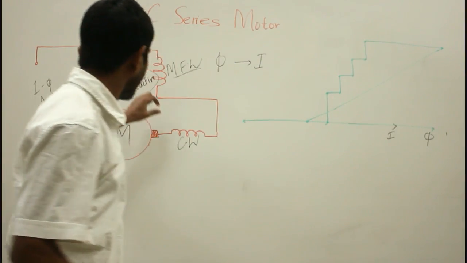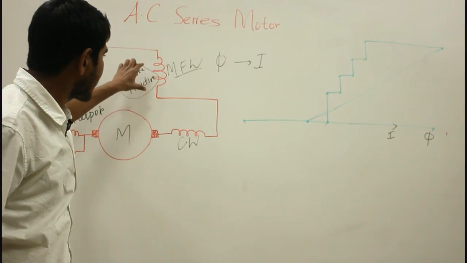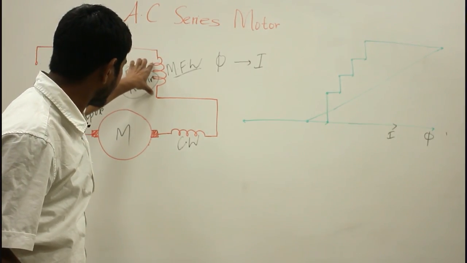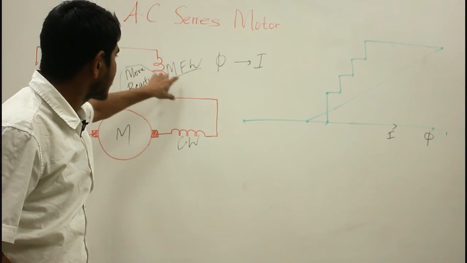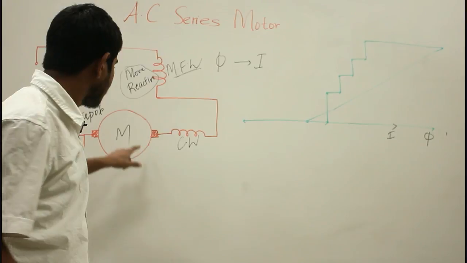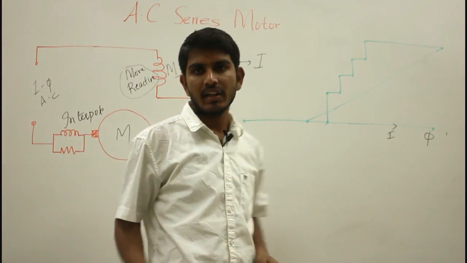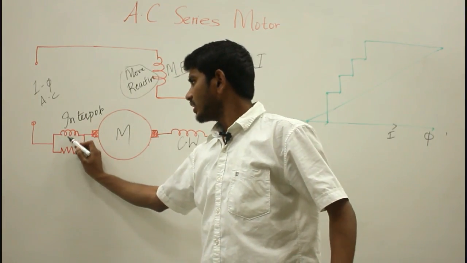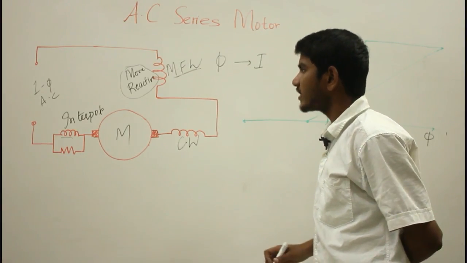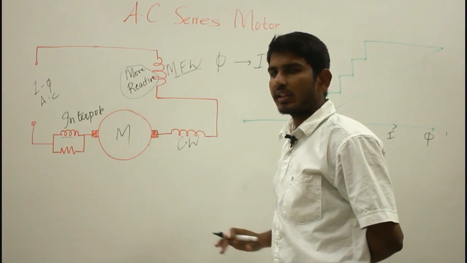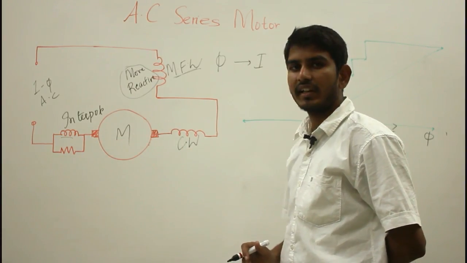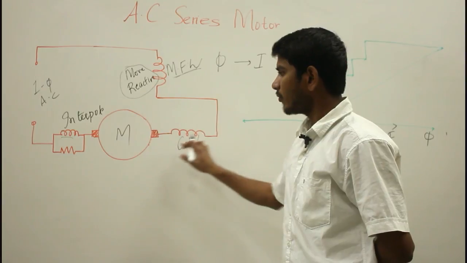Now here, in case of DC transmission, we have the resistive drop in the series field, the resistive drop in the compensating winding, the resistive drop in the armature circuit, and the resistive drop in the interpoles. But in case of AC transmission, in addition to the resistive drops in the respective windings, we also witness the reactive drop in all the four windings.